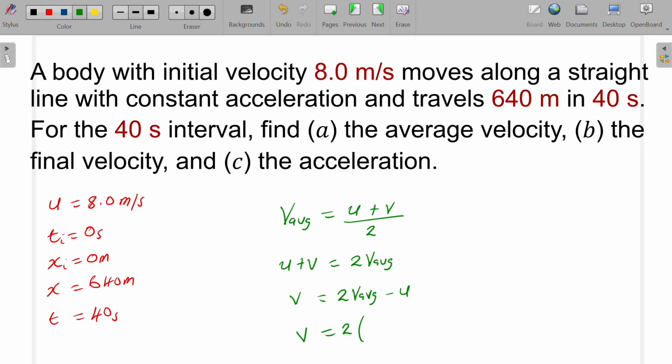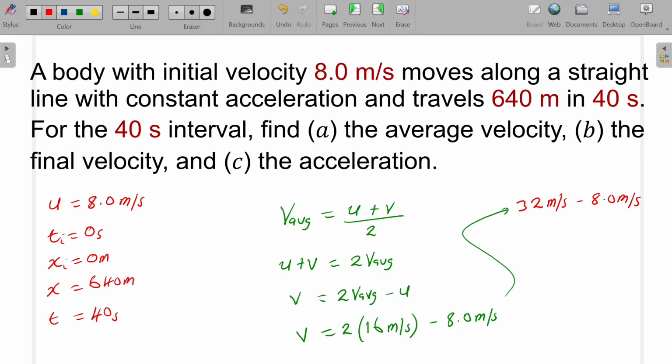And then V is equal to 2 multiplied by the average velocity we calculated earlier, which is 16 meters per second, and this will be subtracted by 8.0 meters per second, which is the initial velocity. So we have 32 meters per second, because 2 multiplied by 16 gives us 32.